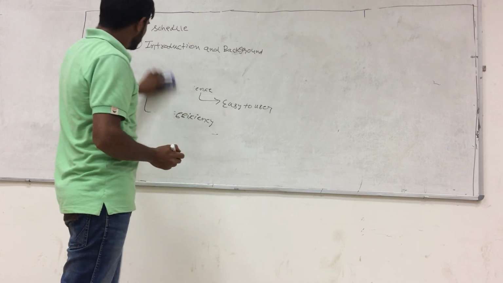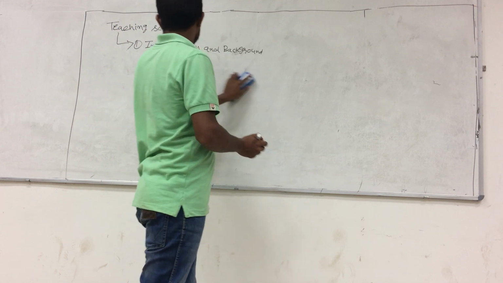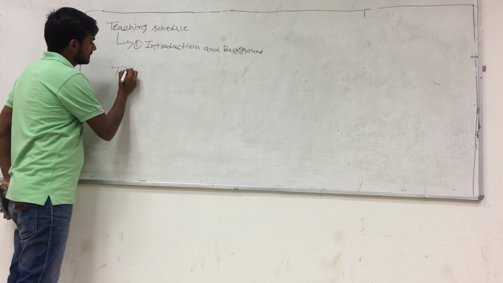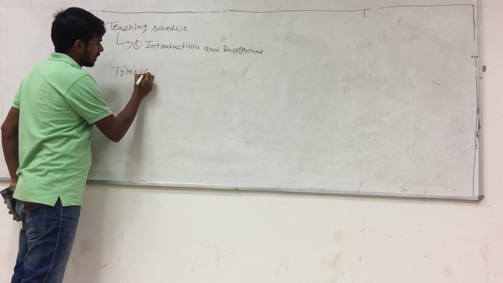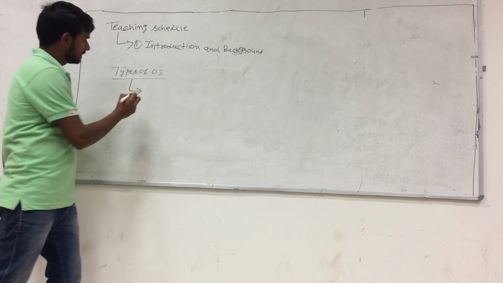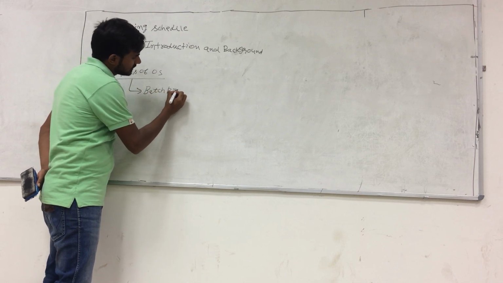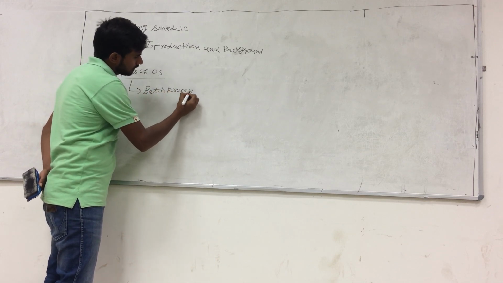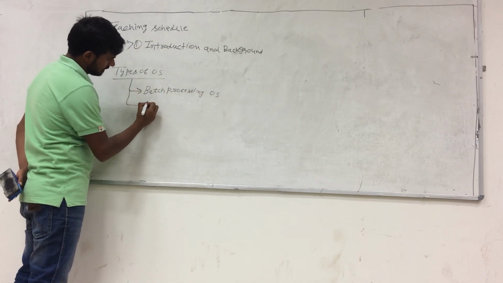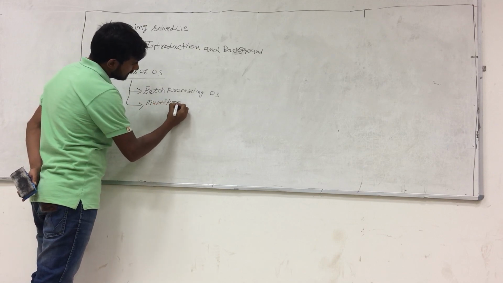Okay. Now we have to discuss types of the operating system. What are the types of the operating system? Operating system may be, first one, batch processing operating system. Maybe multi-programming operating system.